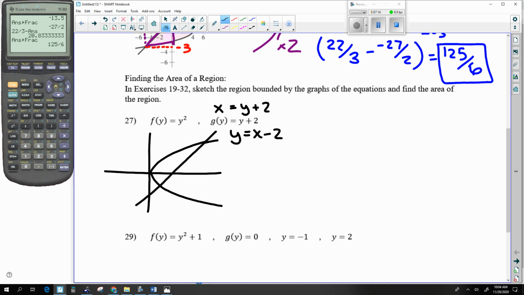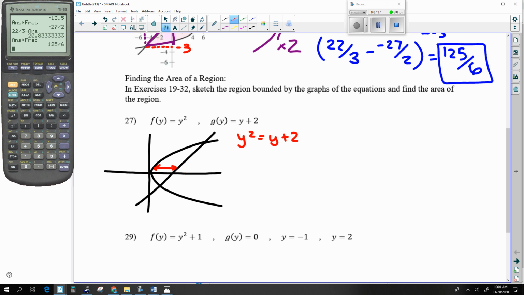And then from there, I can go ahead and do all the work and find all the intersections and things like that. So here, this is x, so y squared is equal to y plus 2. And all I'm just trying to find is where are the bounds, where am I integrating to and from? Because again, I'm going to do this side to side.